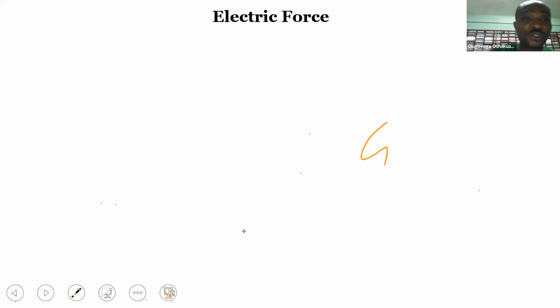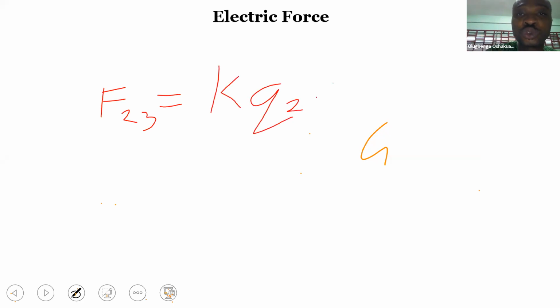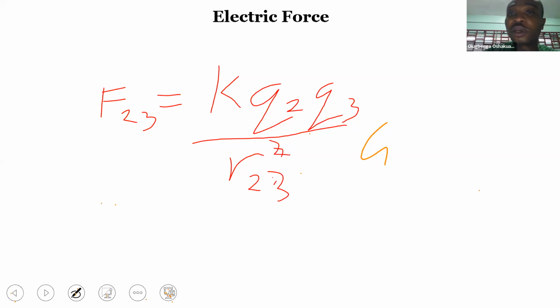So let's talk about F23. F23 can be described as the constant K, Q2, Q3 divided by R23 squared times the unit vector R23 caret. So this should be on standby at one side of memory, so we should keep that in mind.